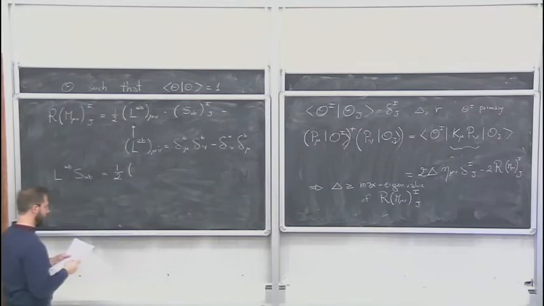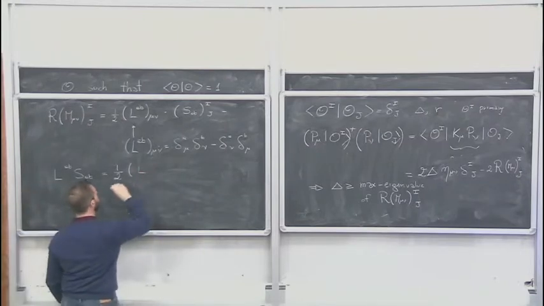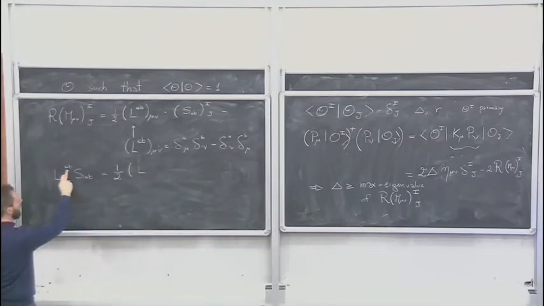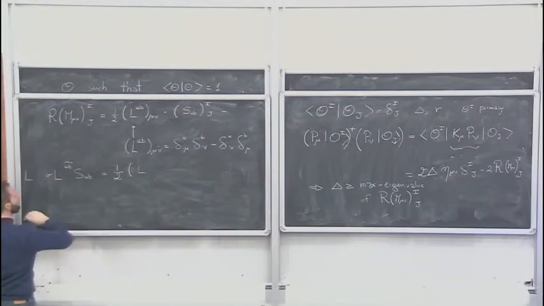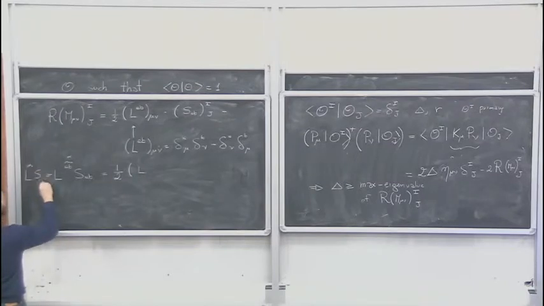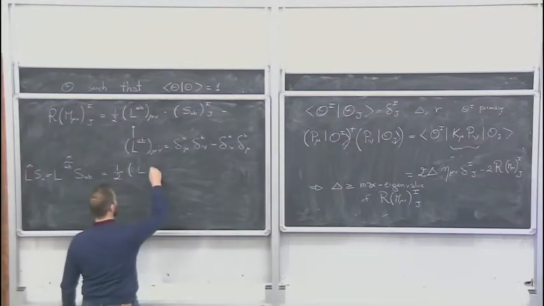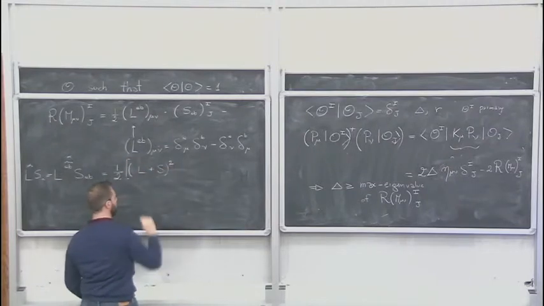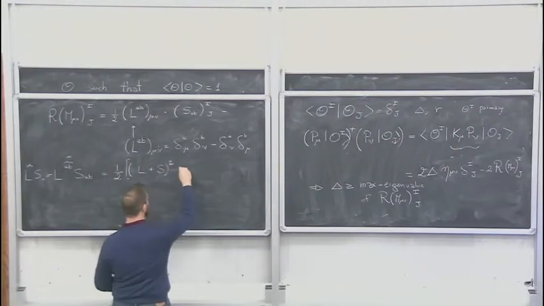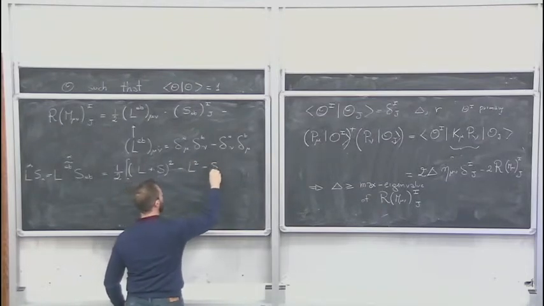So you can write L^A. Let's call it, you can collectively call this object alpha. Alpha S alpha. So it's a scalar product between these two quantities. So you can write it as the square, but then you have to subtract L square and also S square.